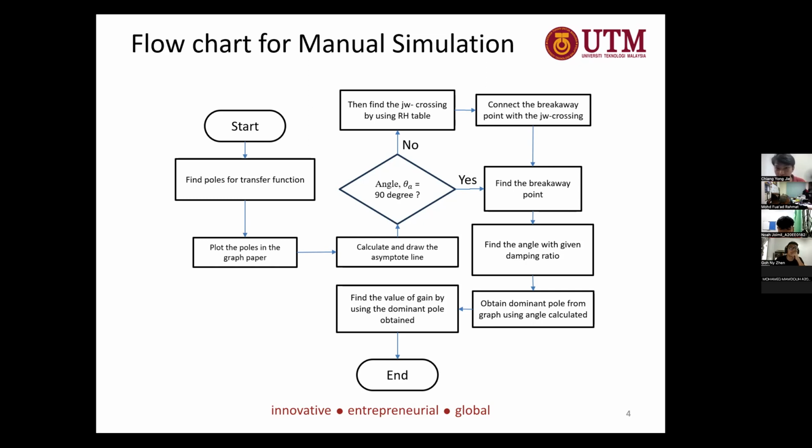After finding the breakaway point, I find the angle according to the specified percentage overshoot to obtain the dominant pole. Last but not least is to determine the gain from the graph.